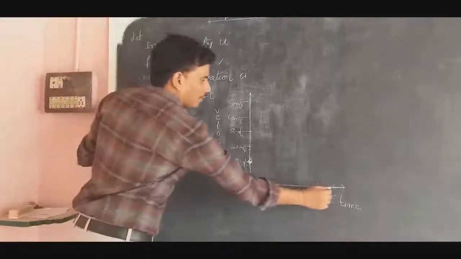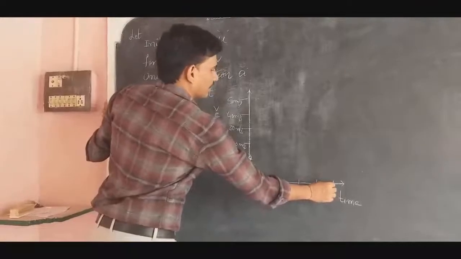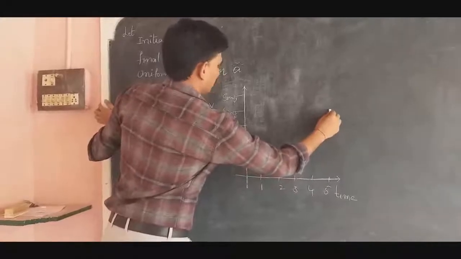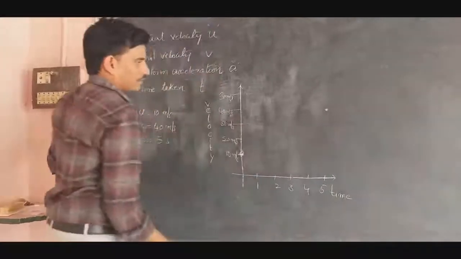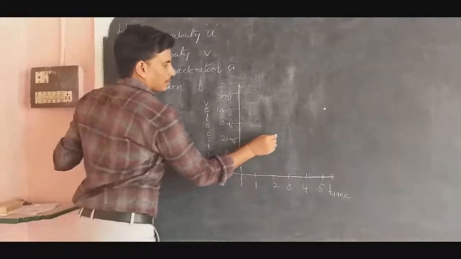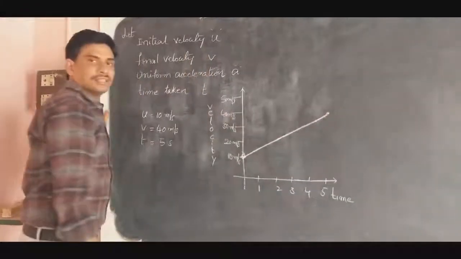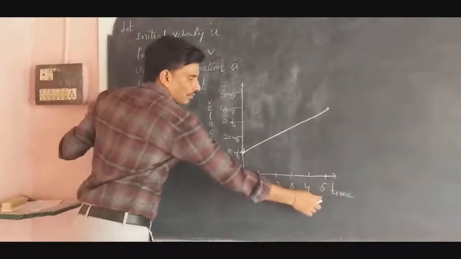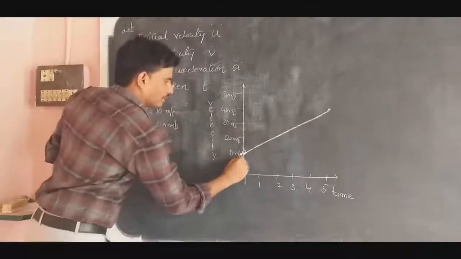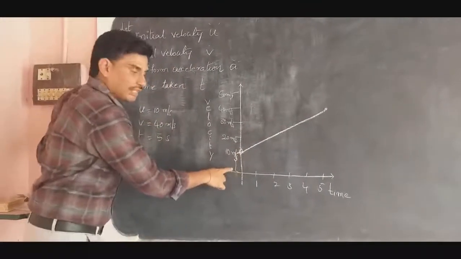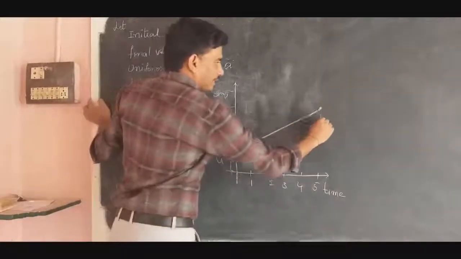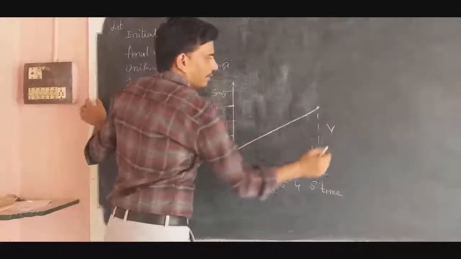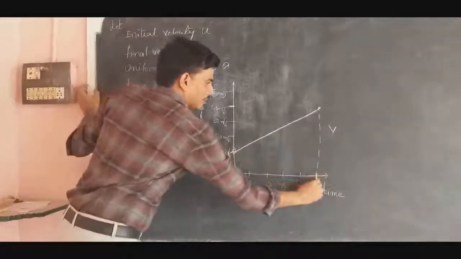So this is 40 meter per second. If you join this, the graph you get is like this. That means the object already has some initial velocity, and within the time duration of 5 seconds it increases to this. This is representing 10 meter per second as the initial velocity u, this height is representing the final velocity v, and this is the time taken.